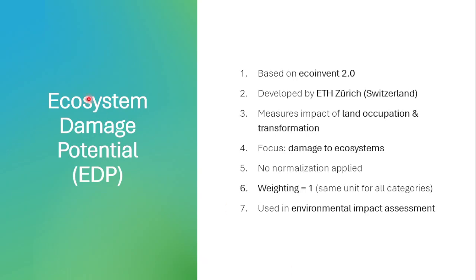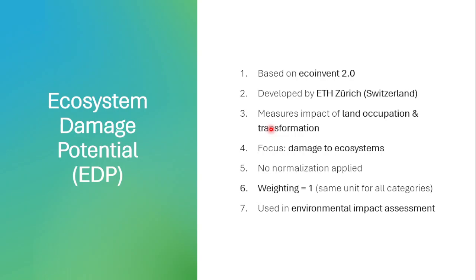So we go to another approach, the ecosystem damage potential, or EDP. This slide presents the ecosystem damage potential method based on the ecoinvent 2 database and developed by ETH in Zurich, Switzerland.